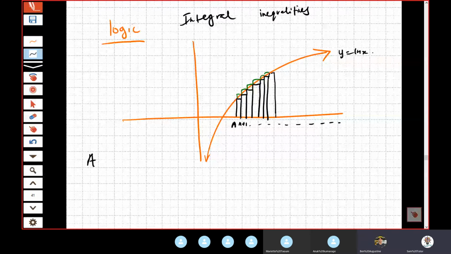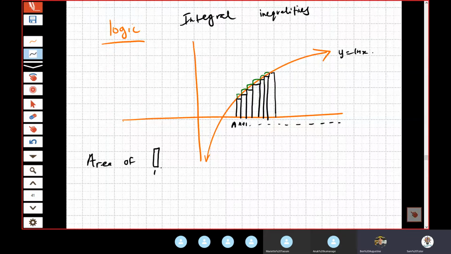This is n, and then this is n plus 1. What is that width? Just 1. You're at n, you're going to n plus 1. Your width is 1. Isn't it? If you started at 5, now you're at 5 plus 1, your width is 1.